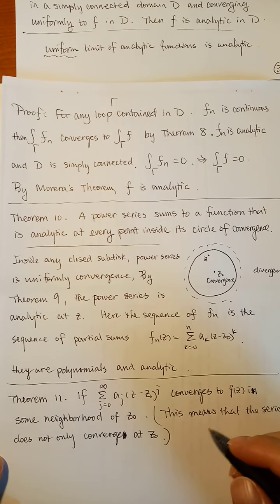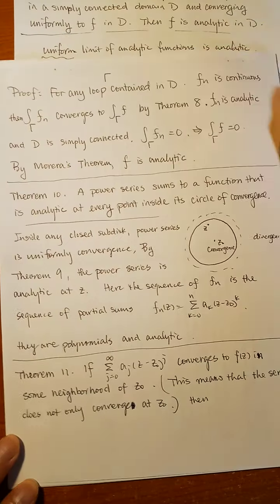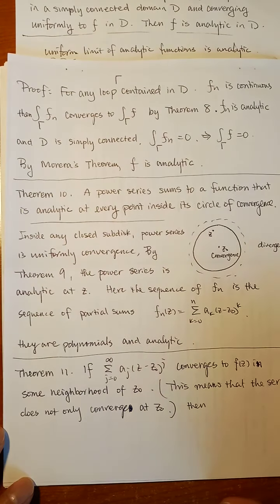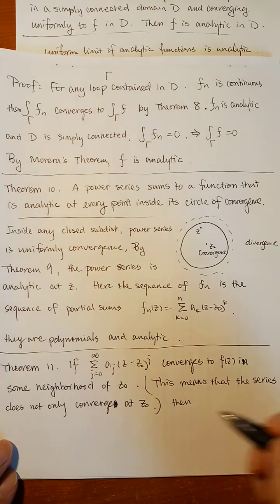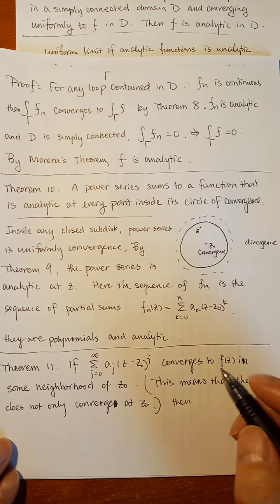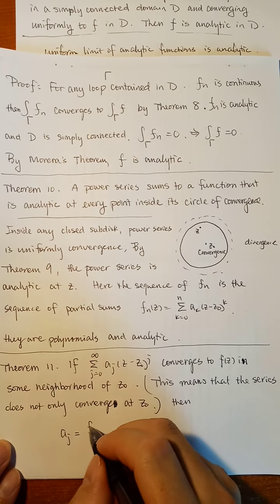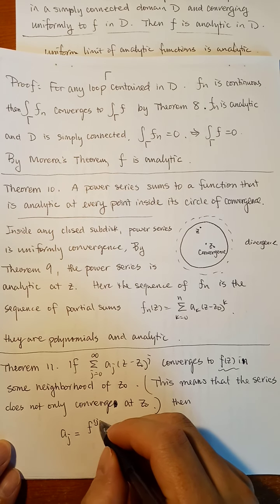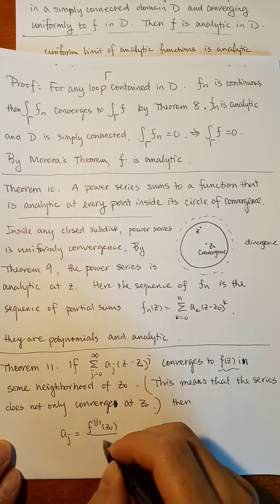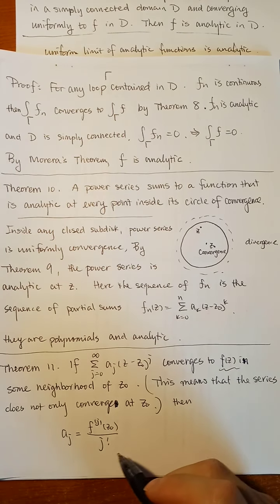If we have such a thing, then we can consider this power series as a Taylor series of a function. What does that mean? The a_j is the j-th derivative of f evaluated at z0 over j factorial.